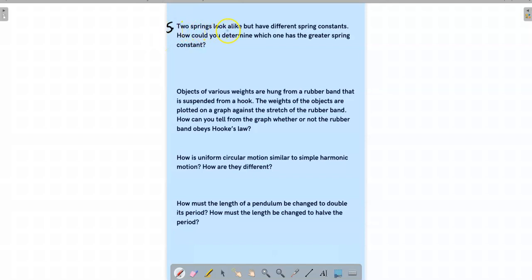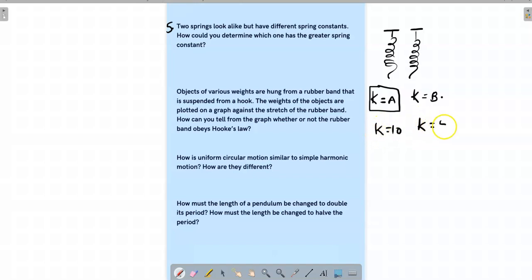Two springs look alike but have different spring constants. We have two springs and they look alike, but K values are different. How could you determine which one has the greater spring constant? Suppose, imagine this has the greater, like 10, and this has 5. So what is the difference?